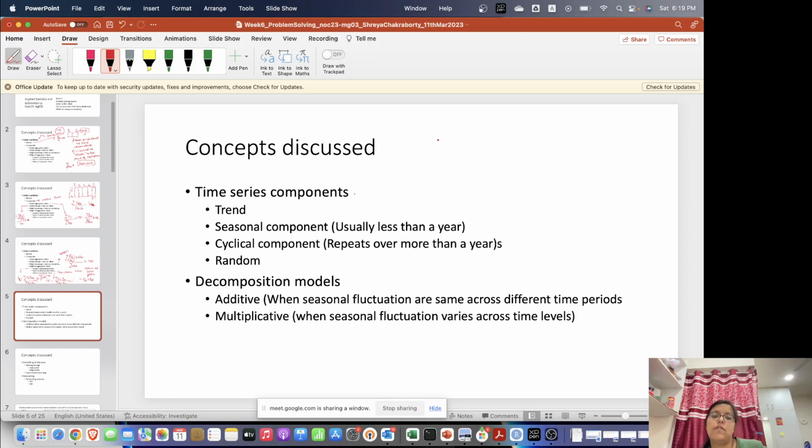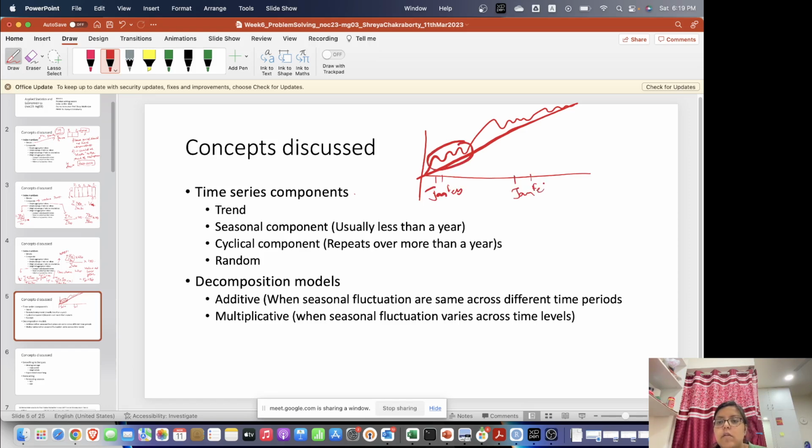So if, let's say, I have a time series like this, then we see that there is a long term trend component. Let's say this is monthly data, Jan, Feb, then again this is Jan, Feb, and so on. So every Jan, Feb we see some repeating patterns.